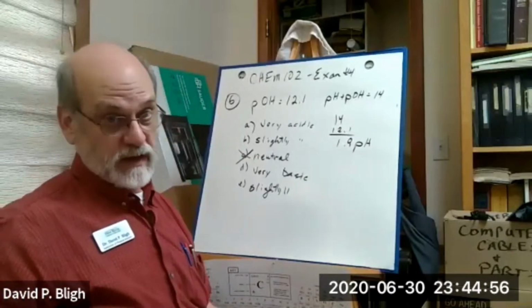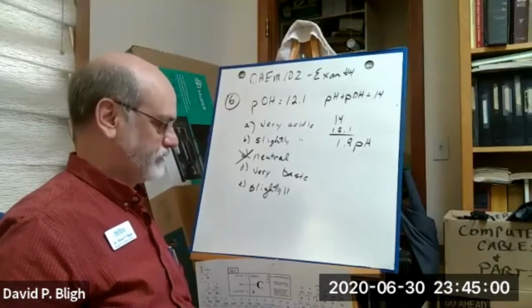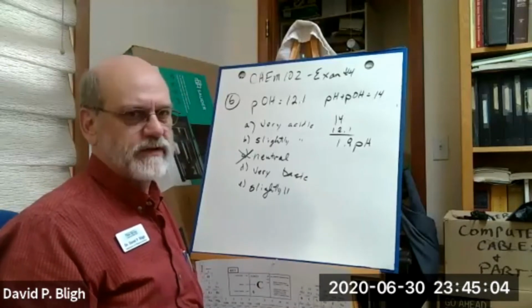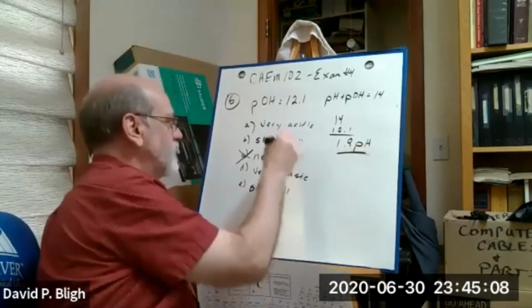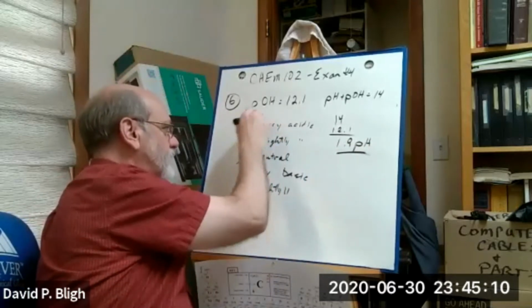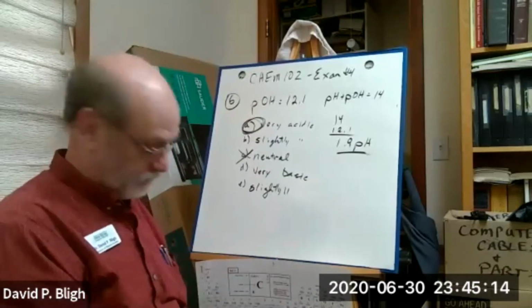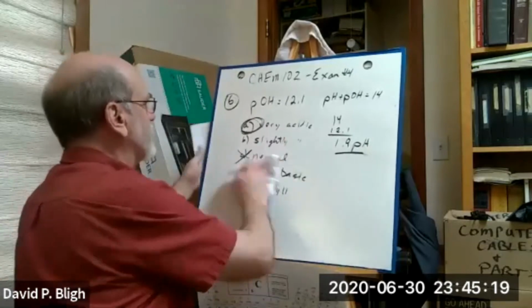I'd say that is very acidic. Because what does it take to be corrosive? I think less than 2.5. So there you go. That's very acidic. All right. That's number 6. Move to number 7.